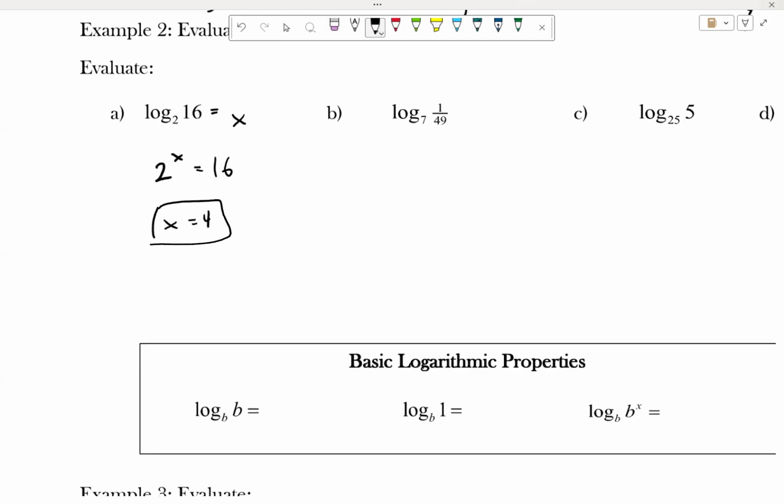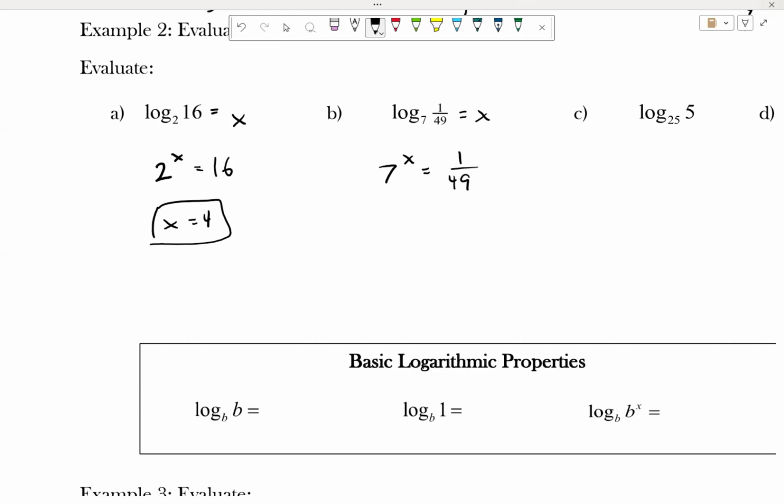Yeah, that's it. So for B, I don't know what that's equal to, so I'll set it equal to x. We write it as 7 to the x equals 1 over 49. This is a little bit of a challenge. We're on the right track. -2?